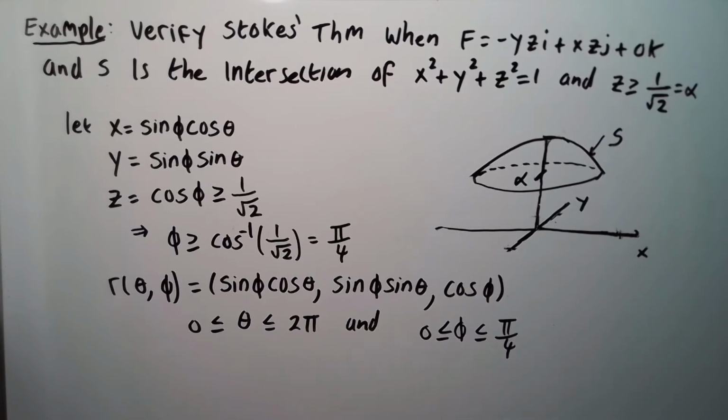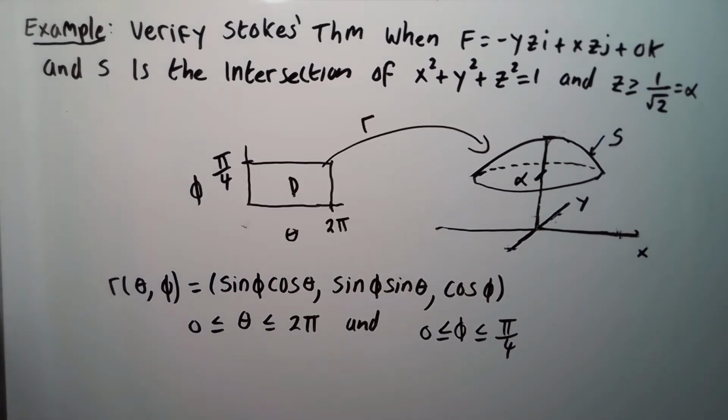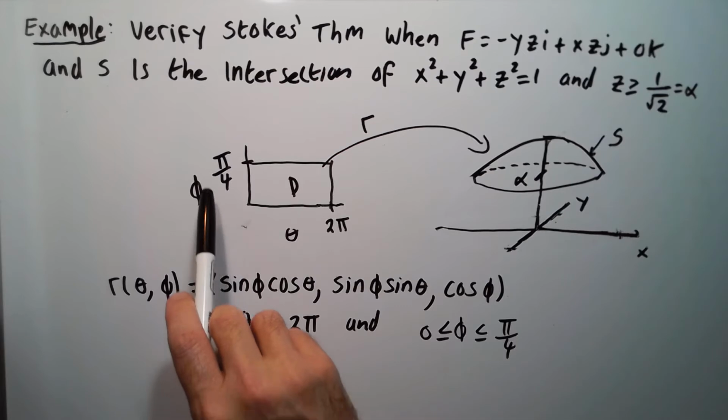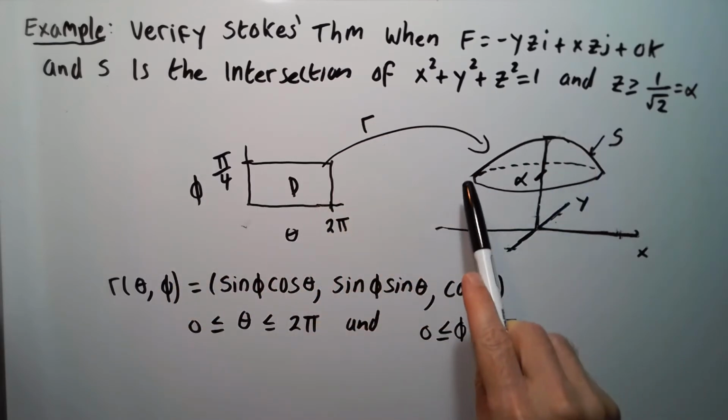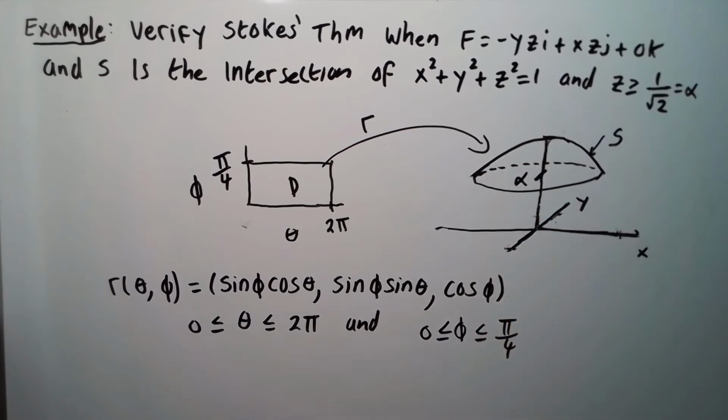Okay, so let me graph my D region right here. So my D region would be this rectangle from 0 to 2 pi on the theta axis, 0 to pi over 4 on the phi axis. That maps under R into my portion of the sphere from bigger than alpha, where alpha here is 1 over square root of 2 on the z.